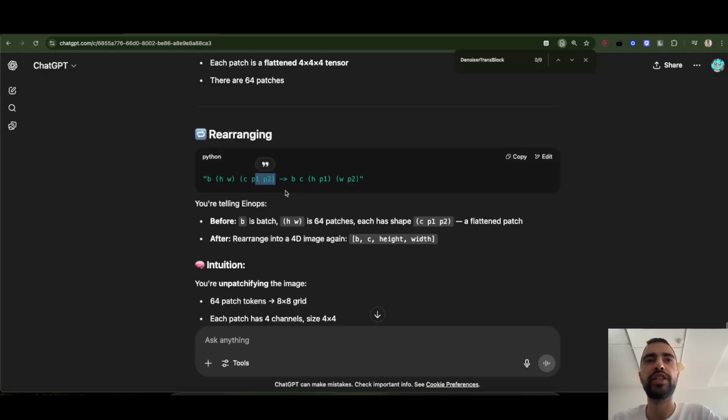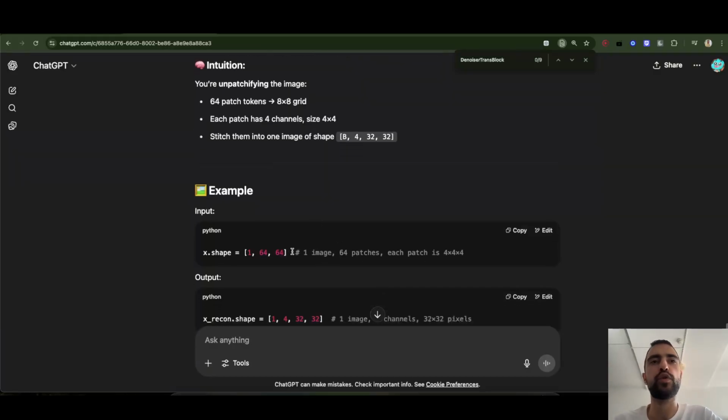We want to rearrange that, so we get batch and then red, green, blue, alpha, so 4 separate images, 4 separate channels, and then height times number, so number of patches times number of pixels in each patch, and width as well. So we arrange that back to the image.